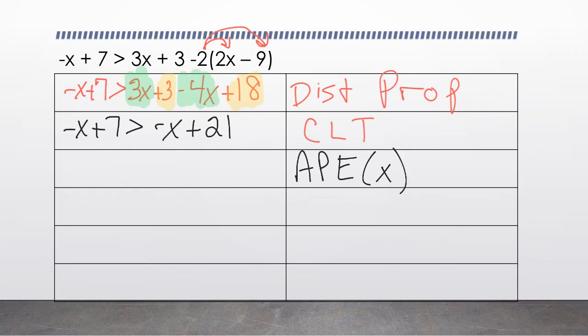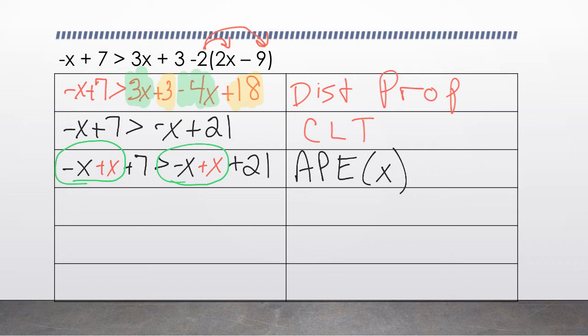So I have negative x plus x plus 7 is greater than negative x plus x plus 21. I'm going to combine my like terms. I end up with 7 is greater than 21.